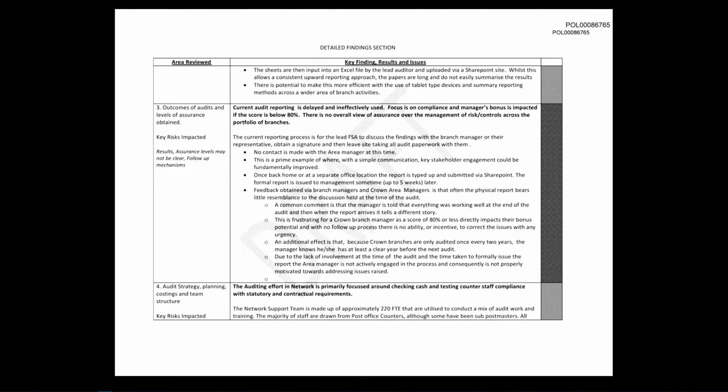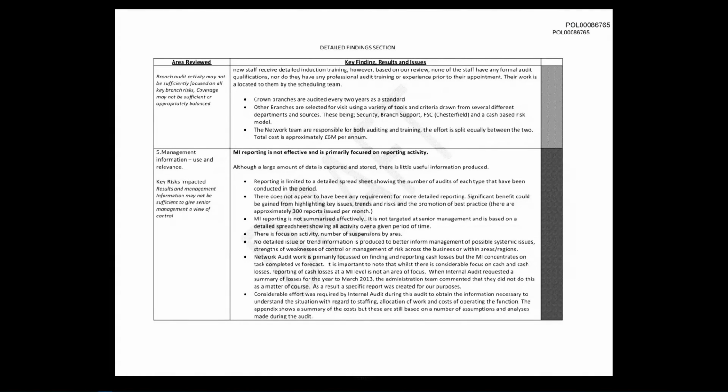The majority of staff are drawn from post office counters, although some have been sub-postmasters. All new staff receive detailed induction training. This is over the page. However, based on our review, none of the staff have any formal audit qualifications, nor do they have any professional audit training or experience prior to their appointment. Are those concerns that you shared or share now?